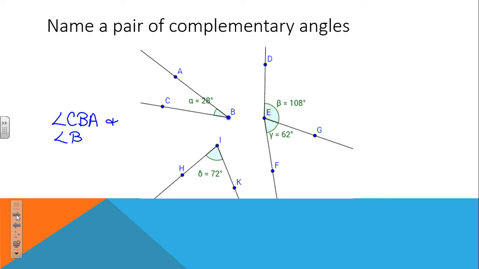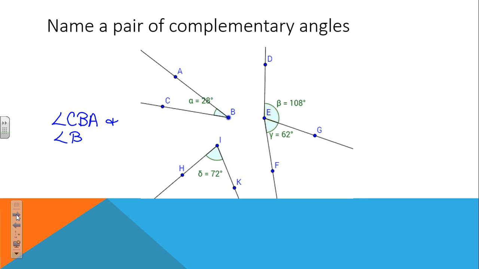Okay, and which other one, Jaden? So 28 adds, and what adds to 62? Or adds to 90. HIK? Not quite. Careful. You said it correctly in order, but what is 28 plus 72? 100. So we're a little bit over. So which one?